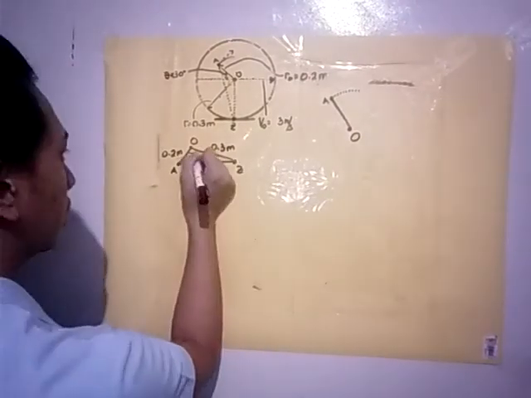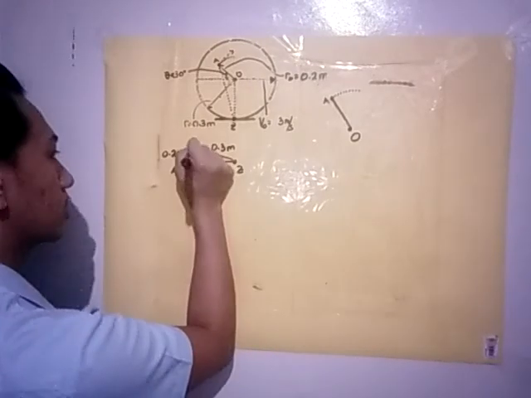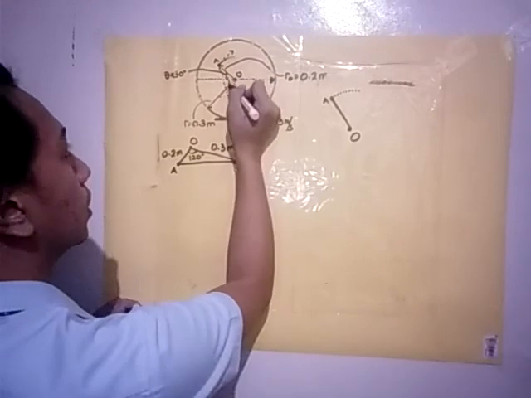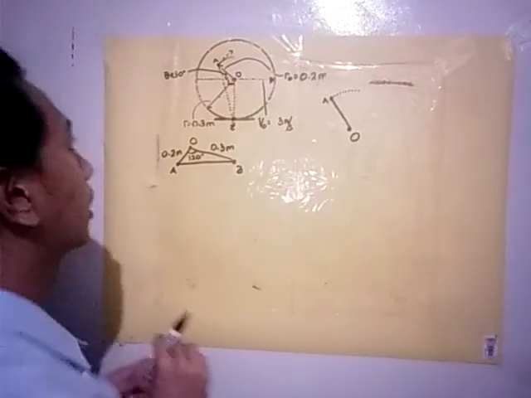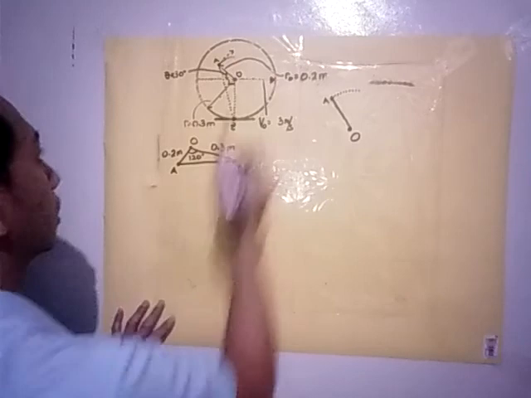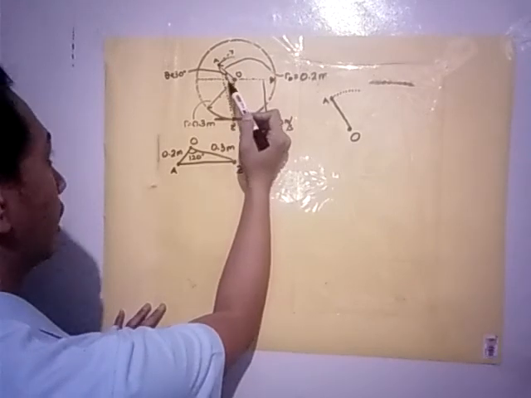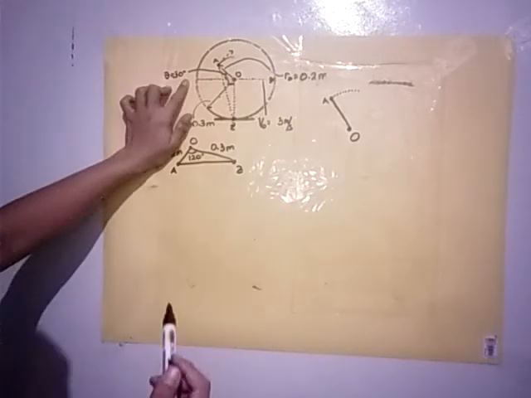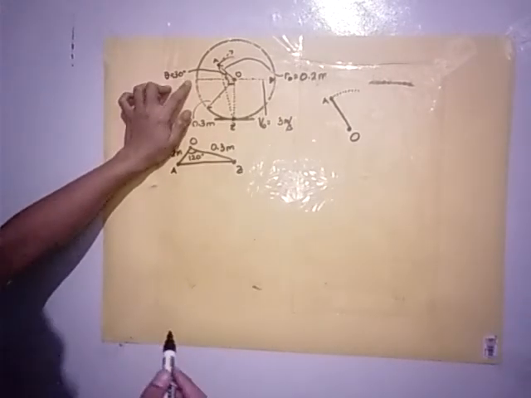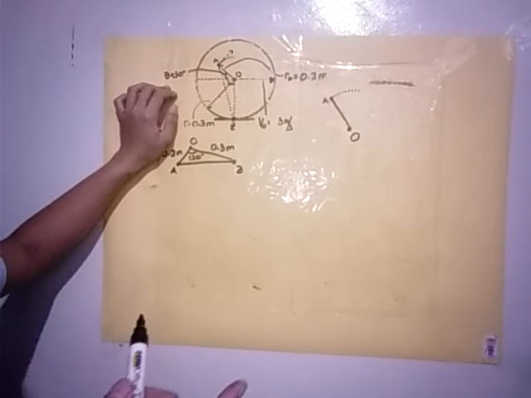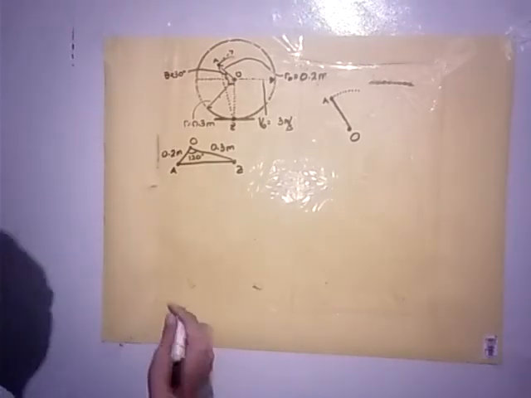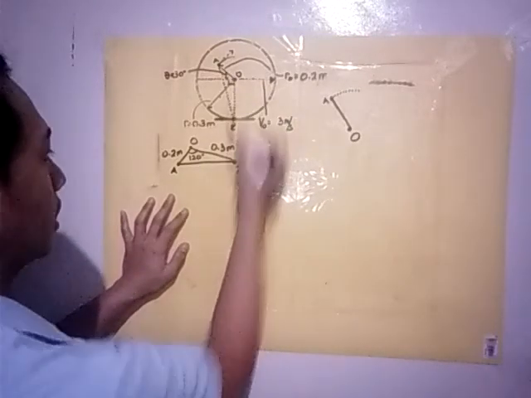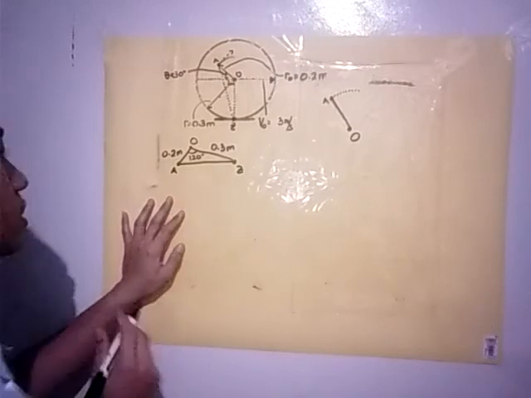Then this angle is 120 degrees. Why? Because this one is a 90-degree right angle, and adding 30 plus 90 yields 120 degrees.